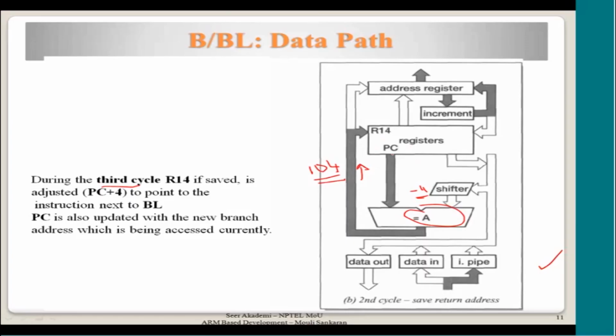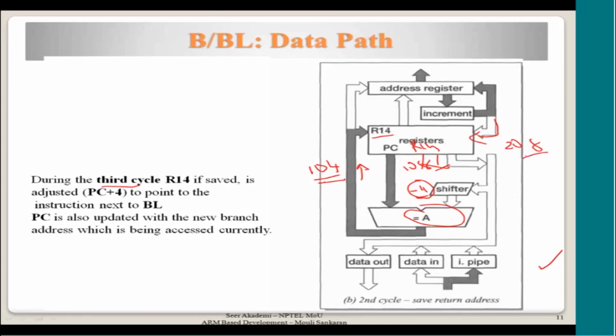It is not PC. Please remember in the third cycle R14 will be copied and then written back into R14. The same R14 comes here, which is 108. Subtract 4, and then 104 you write back into R14. At the same time in the third cycle, this incremented value will get written into PC. So PC would have by now been modified to the new location, 208 or whatever.